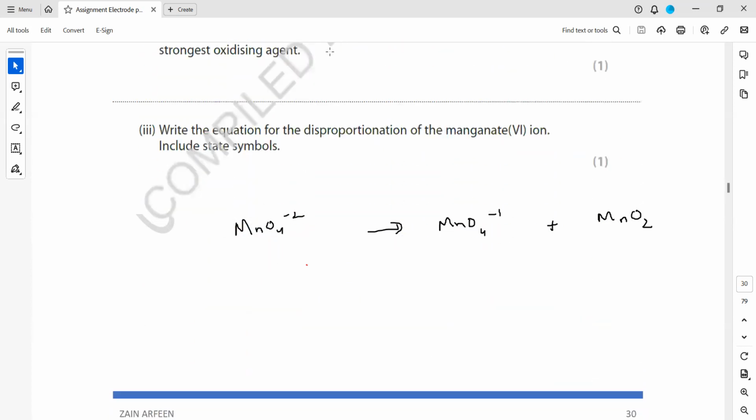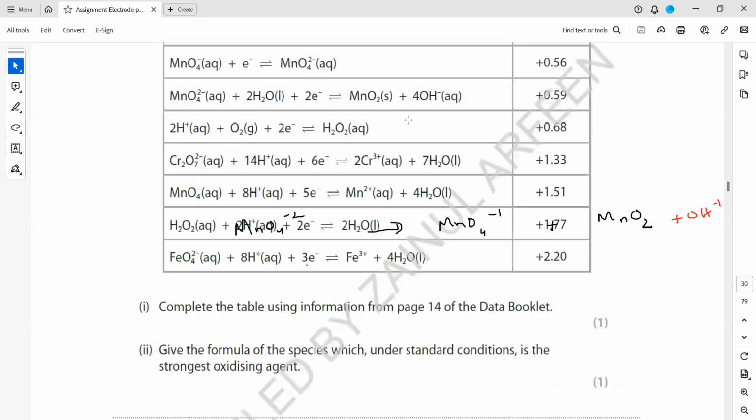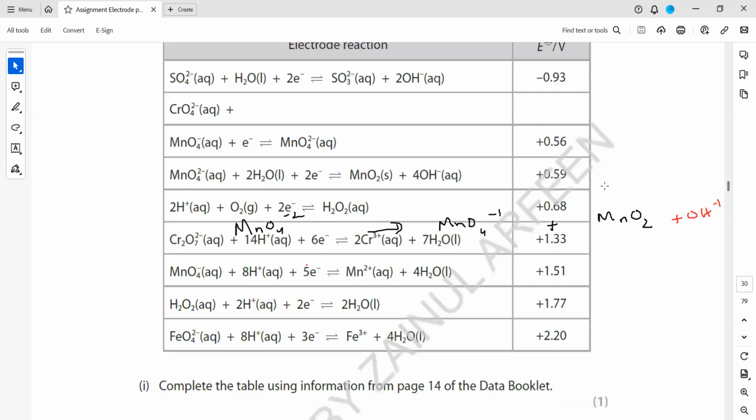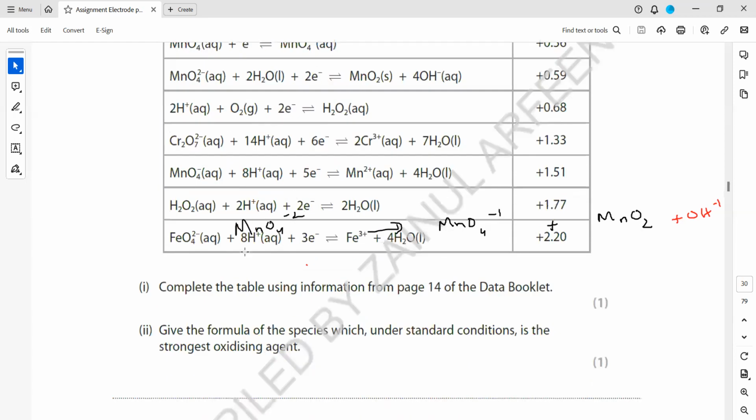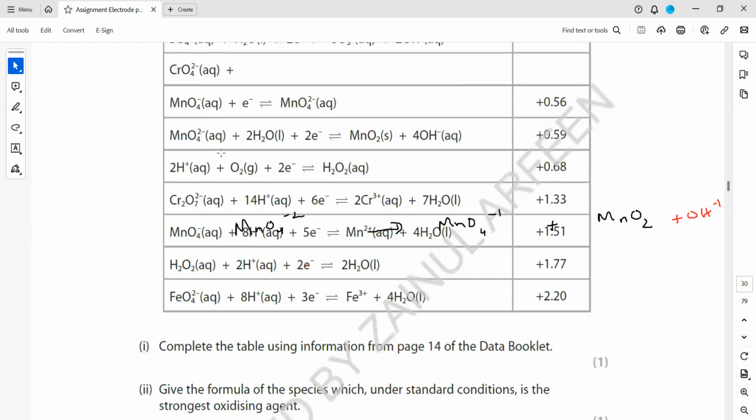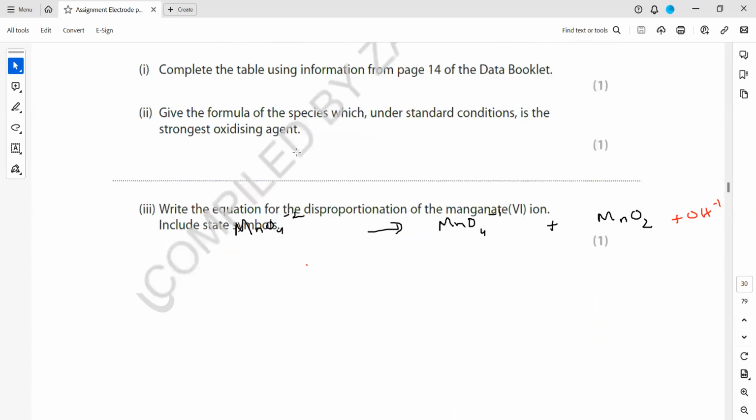For the one which is positive, the same reactant and product apply, but for the one with the smaller value, the reactant will be the product and the product will be the reactant. So here we have MnO4, and here also MnO4, and two water molecules are there.